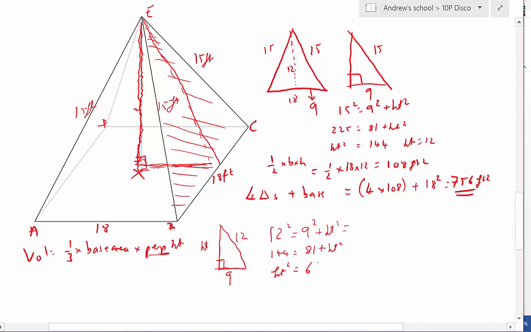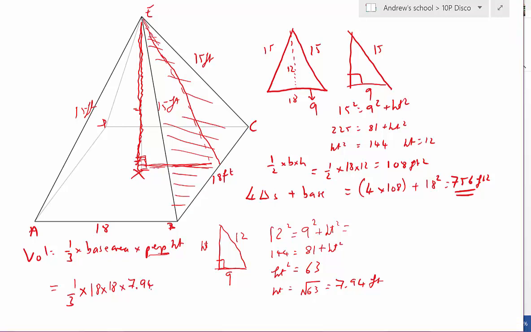Therefore the height is the square root of 63, which is a bit less than 8, which is 7.94 feet, and therefore the volume is 1/3 times 18 times 18, which is the base, times 7.94, which gives a final answer of 857 cubic feet.